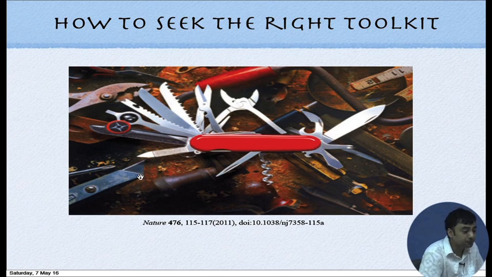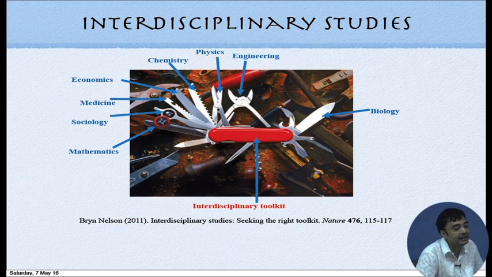Okay. So this is very nicely correlated to one of the rising or leading concepts in various scientific disciplines, which is called interdisciplinarity. The way people propose to do research in current times is through interdisciplinary practices.